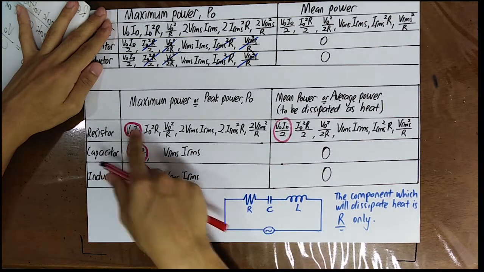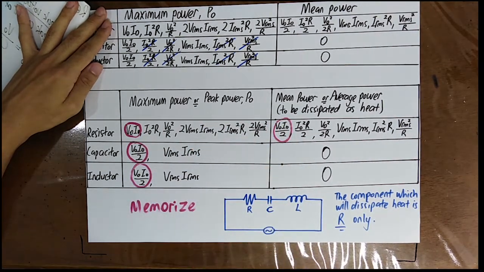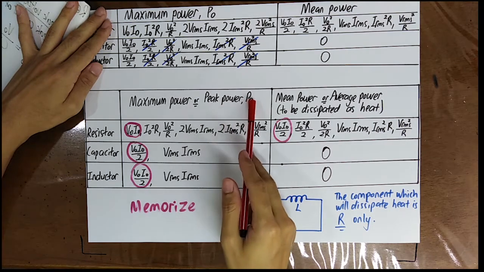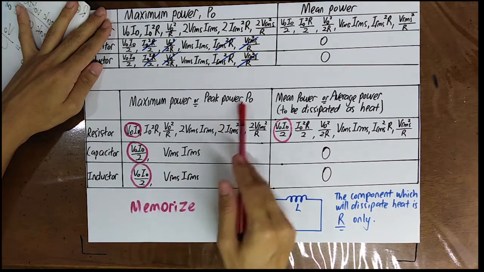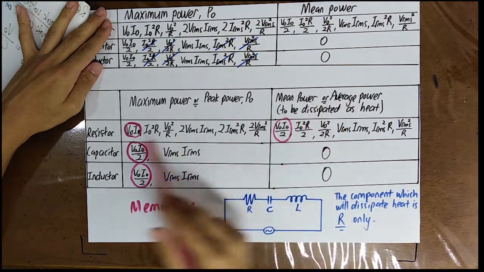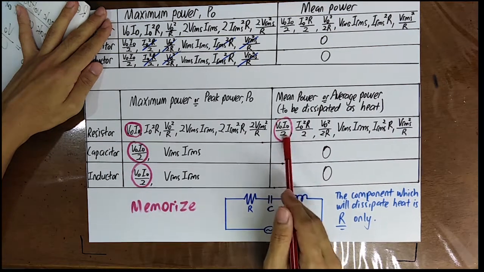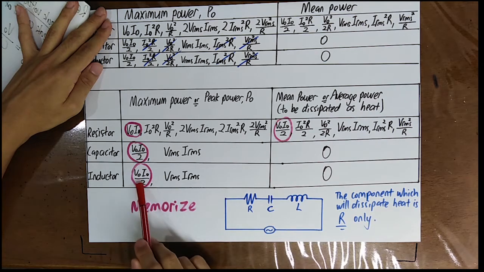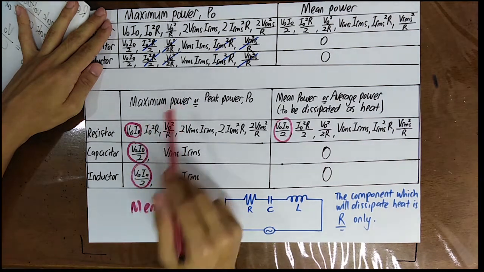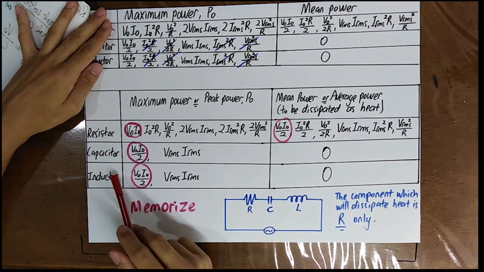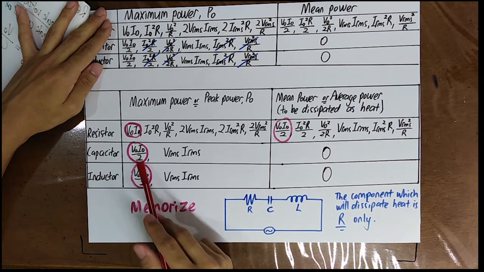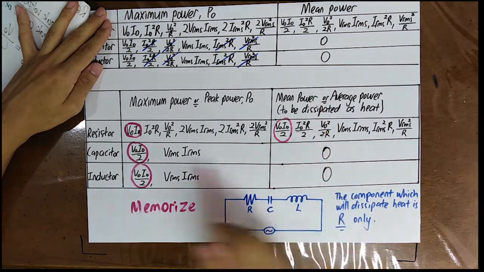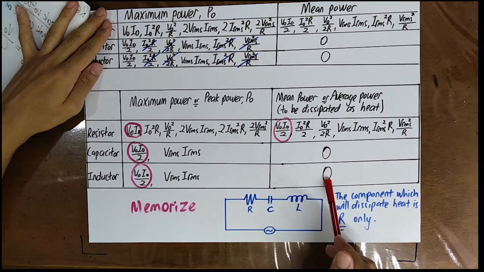Normally, I memorize these 4 things. That means that I memorize the peak power for resistor is V0 I0. The average power for the resistor is V0 I0 over 2. Then this term, you move it here and also here. That means that the maximum power of the capacitor and inductor is V0 I0 over 2. And then the mean power for capacitor and inductor are 0.